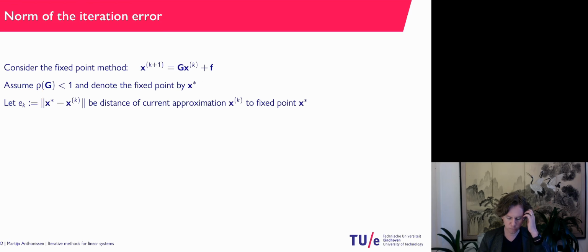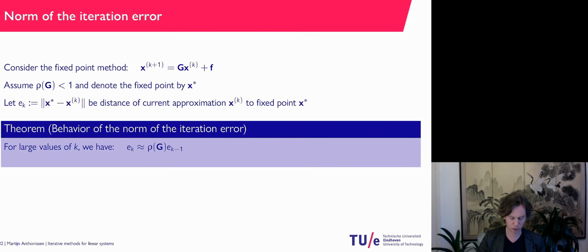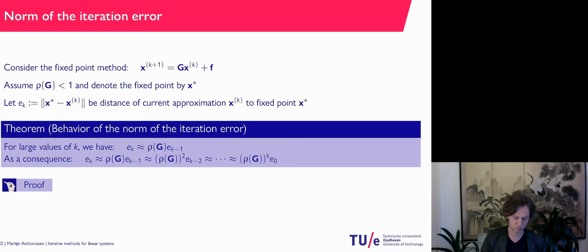That's the distance of the current approximation to the fixed point in whatever length you would like to use. So here is a theorem that tells you about the link between speed of convergence, because you would like ek to go to 0, and the spectral radius. Apparently, every step of the iteration the distance is multiplied with the spectral radius. And here you also see why it needs to be less than 1, because then we actually have convergence.